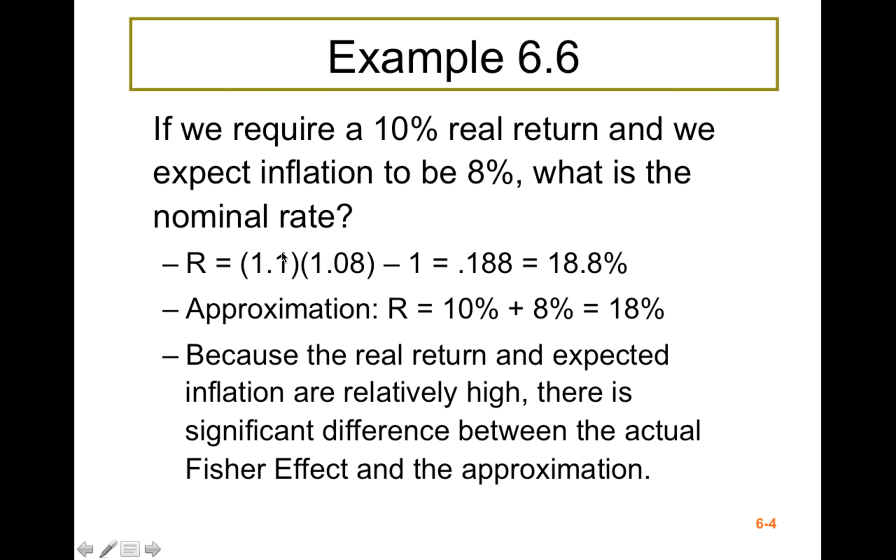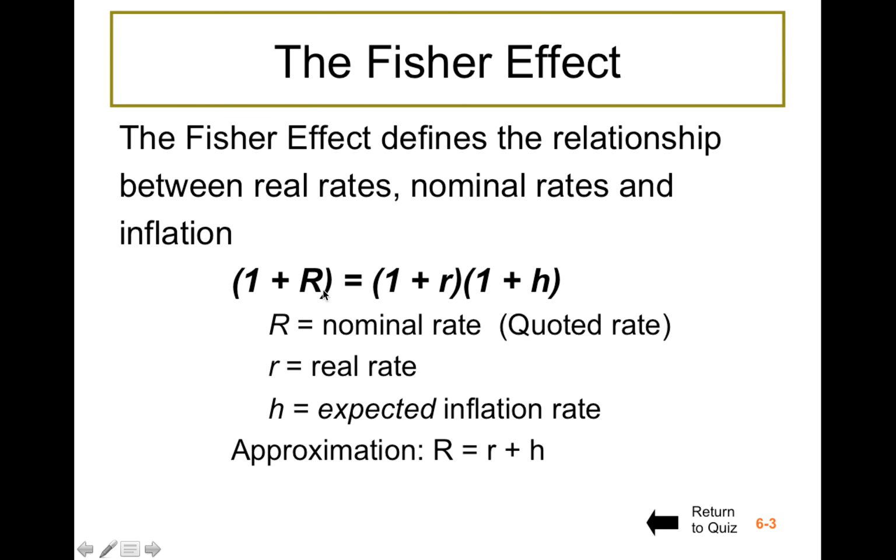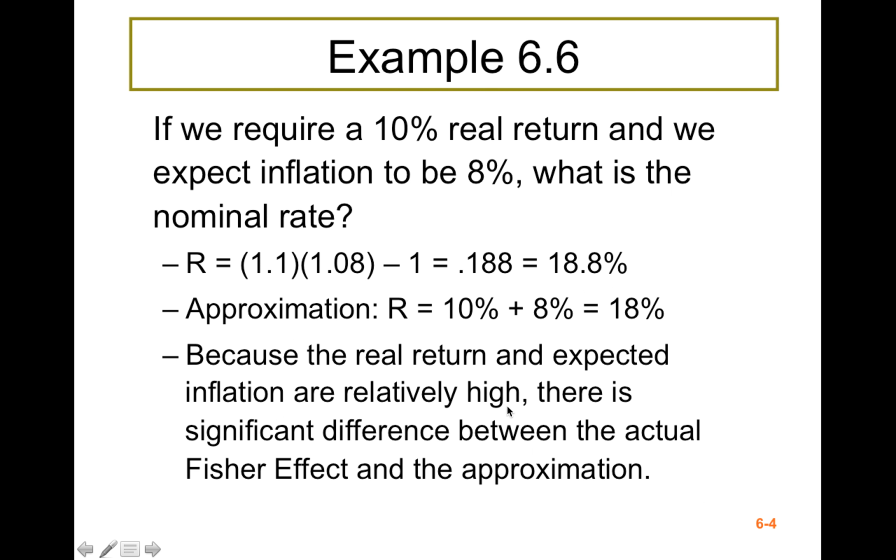If we want to be precise, we plug in all the variables. Going back to this, if we want to have R by itself, we'd have to subtract the 1 across. So it would be 1 plus r multiplied by 1 plus h, minus 1. That's exactly what you see over here: 1 plus 10% multiplied by 1 plus 0.08, minus 1.